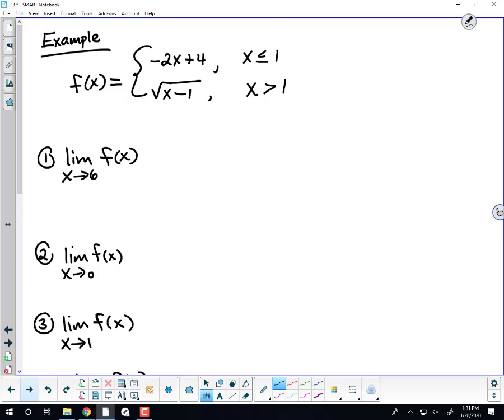As with any piecewise function, whatever they're asking, you have to ask yourself which piece you're dealing with. If x is approaching 6, which piece am I using? The square root of x minus 1, right? If you have to, just draw these individual domains out. Here's everything equal to 1 and less than 1, and this one's everything larger than 1.